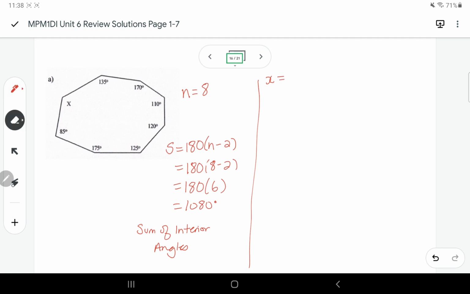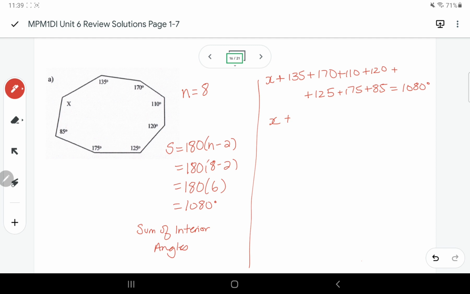I've got x plus 135 plus 170 plus 110. I have a lot of numbers to add up here. Plus 120 plus, I'm going to go down here, plus 125 plus 175 plus 85 equals 1080 degrees.